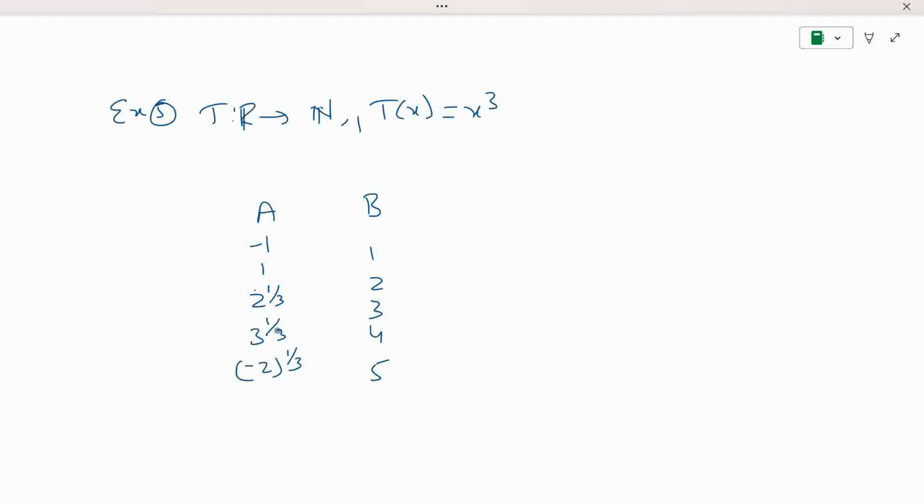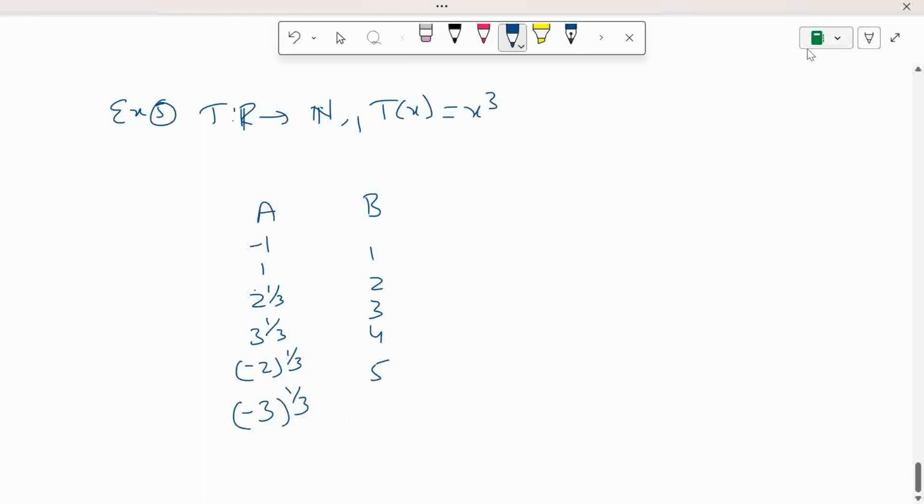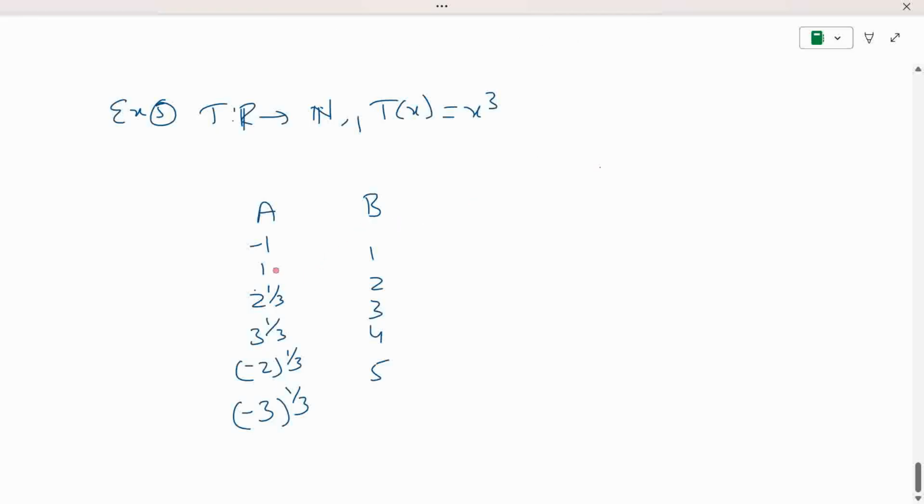So I'm taking these elements just to show the mapping, or minus 3 cube root. So when we map, the cube root of 1 is 1. So exactly it maps. Similarly, the cube root of 4 will map to it.